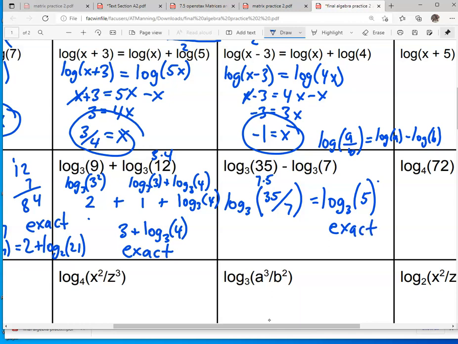Simplified. It's kind of like reducing fractions, but using logarithms. We're simplifying this to something small, something simpler. Recognizing the division rule makes this a simpler logarithm, just like reducing a fraction. I'll get the same number if I have a non-reduced fraction, but this is simplified to an exact answer.